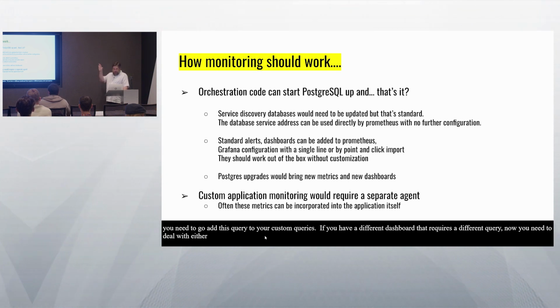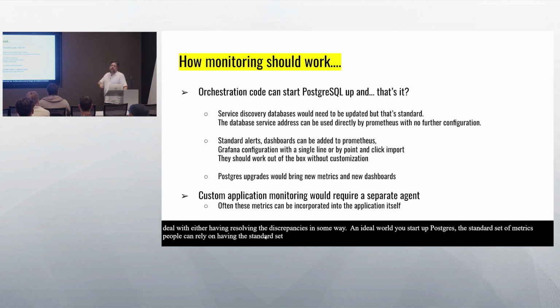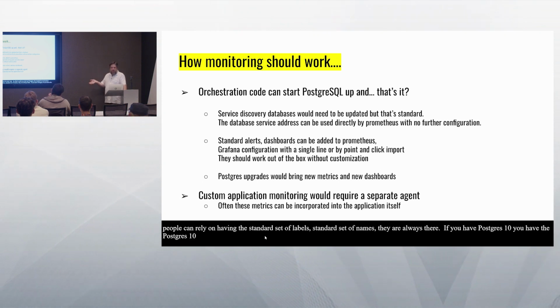In an ideal world, you start up Postgres, there's a standard set of metrics that people can rely on having, a standard set of labels, a standard set of names, they're always there. They would be the same. So if you have Postgres 10, you have the Postgres 10 metrics. If you have Postgres 15, you have the Postgres 15 metrics.